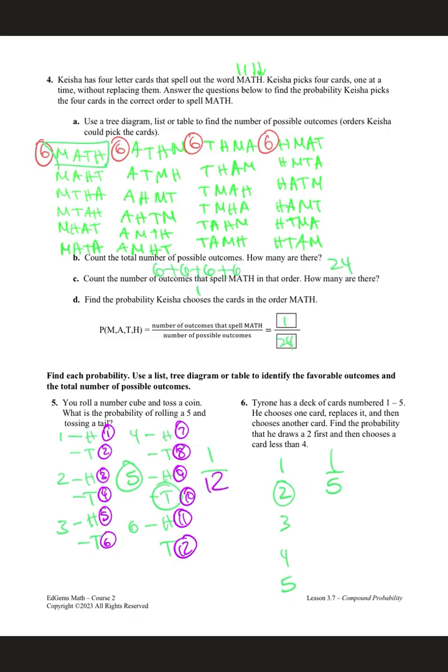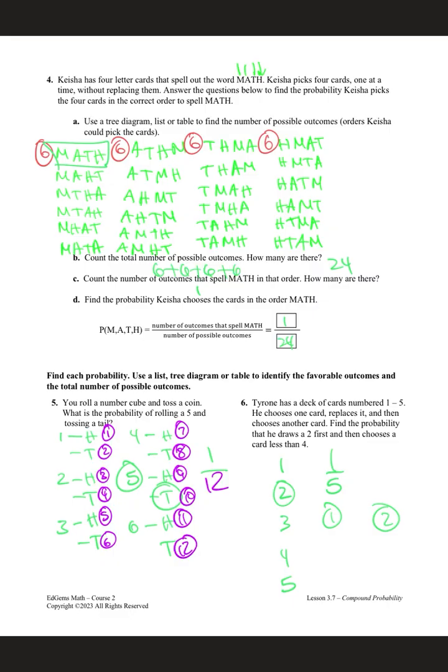Now, from what I understand, he chooses that card and then he replaces it back in the deck. So again, on the second draw, you're going to have 5 cards in the deck. So there's a 1 in 5 chance that he will choose a 2. This is the first draw. Now on the second draw, it says find the probability that he draws a 2 and then chooses a card less than 4.